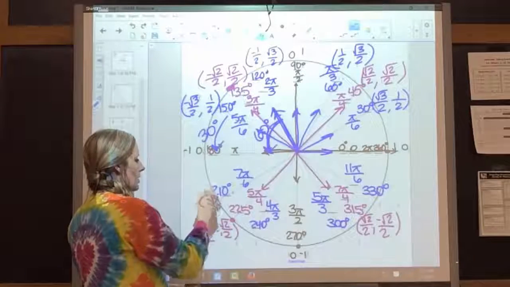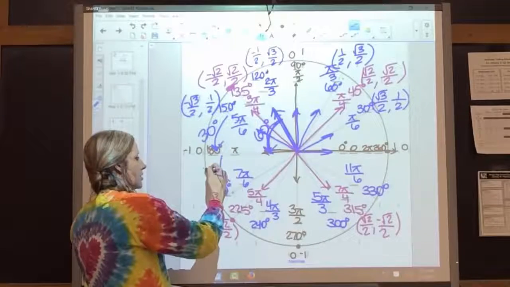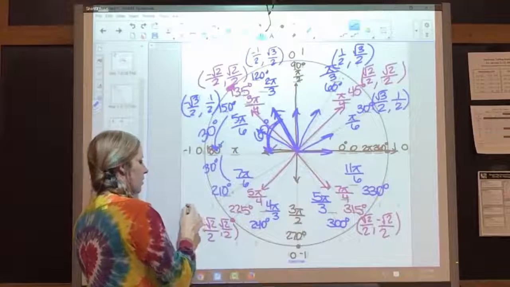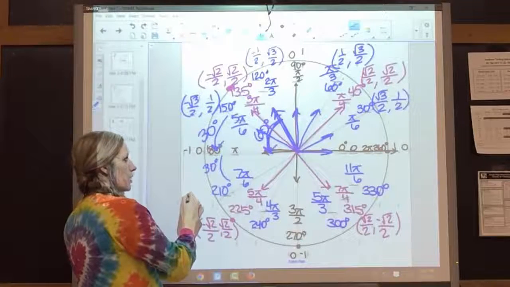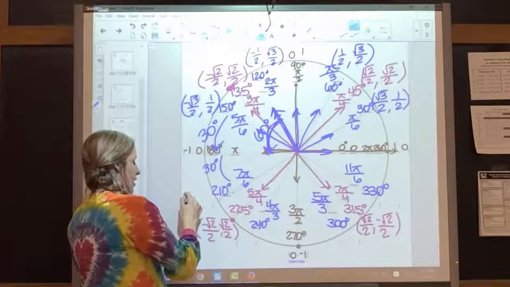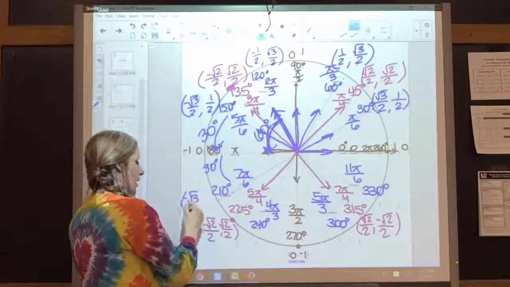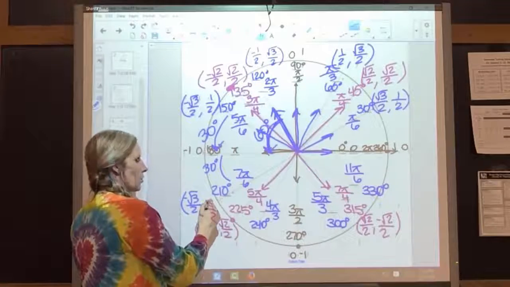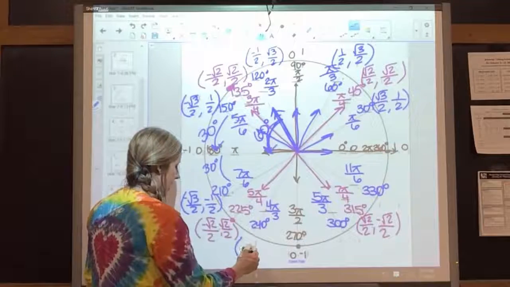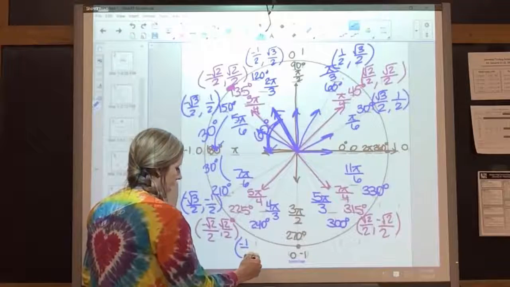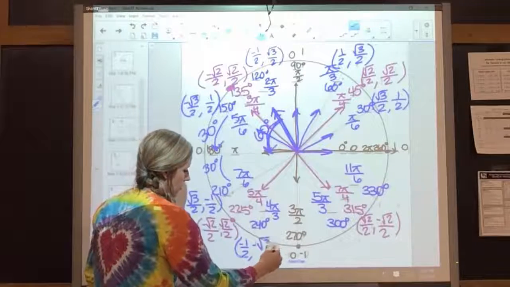Okay, the next one, my reference angle is 30 degrees. My 30-degree point is square root of 3 over 2 and 1/2. For this point, they're both going to be negative because I'm in quadrant 3. So then I'm going to have negative 1/2 and negative square root of 3 over 2.